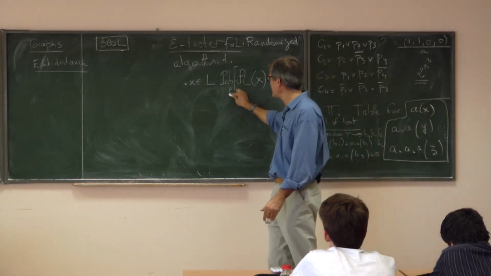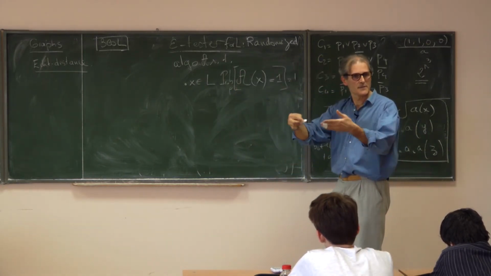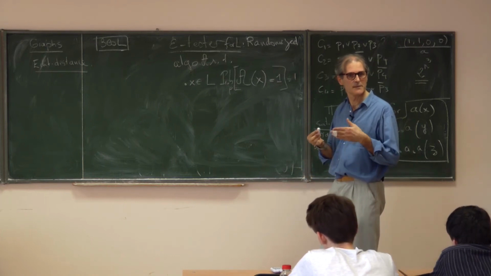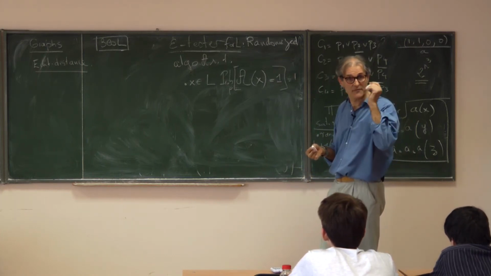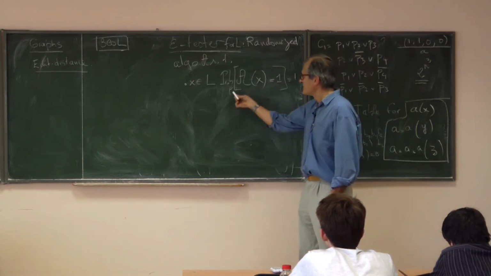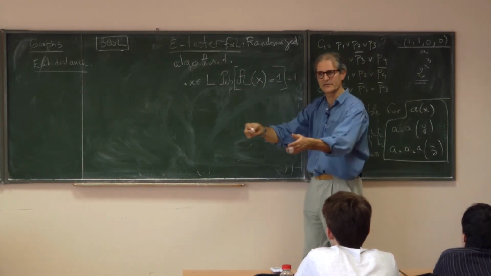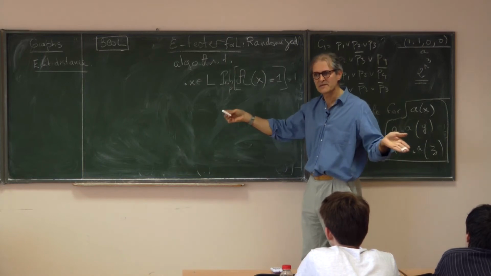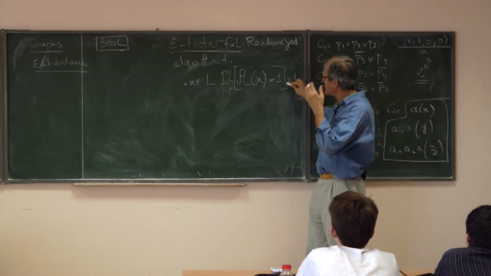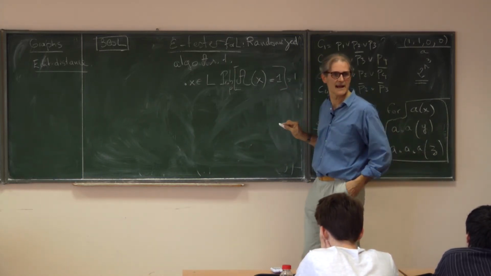And the probabilities are on the random choices that the algorithm makes. So the algorithm flips coins, and the probability space is a set of essentially binary sequences. And there is no error if x is in L.